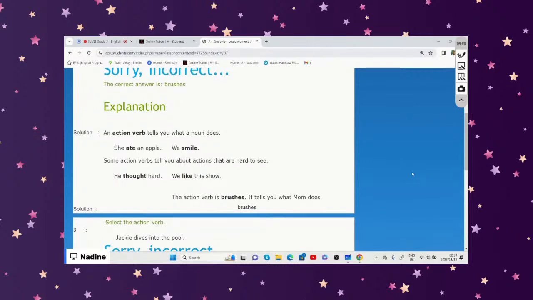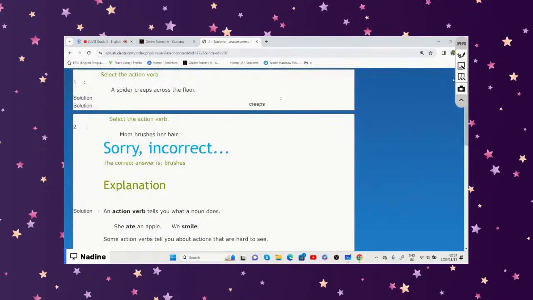And we identify brushes. So brushes is correct.